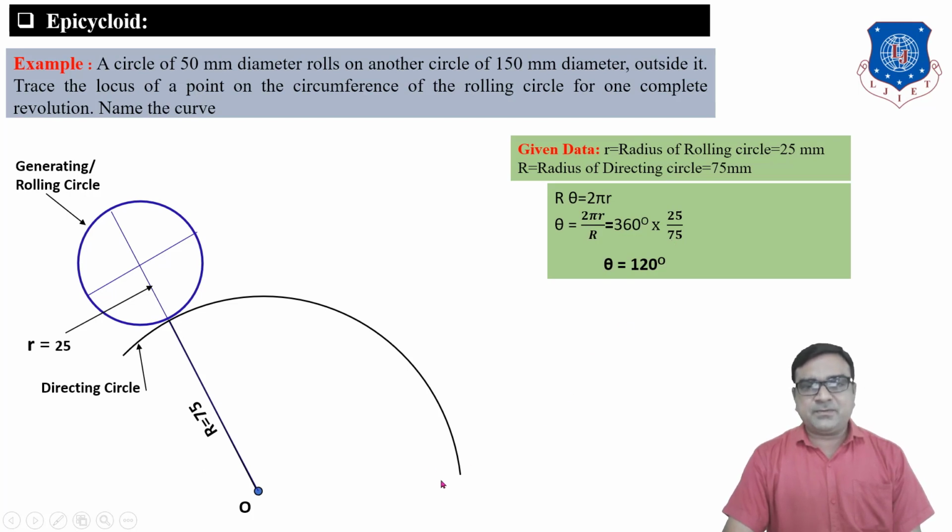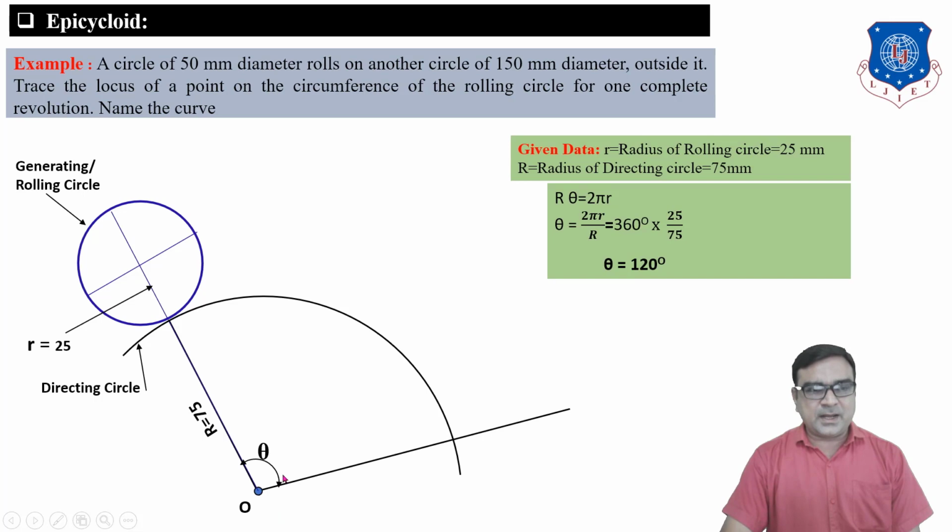Here theta can be found with the use of this equation. Theta is equal to 360 degrees multiplied by small r by capital R, meaning the radius of the rolling circle divided by the radius of the directing circle. So we obtain theta equal to 120 degrees.